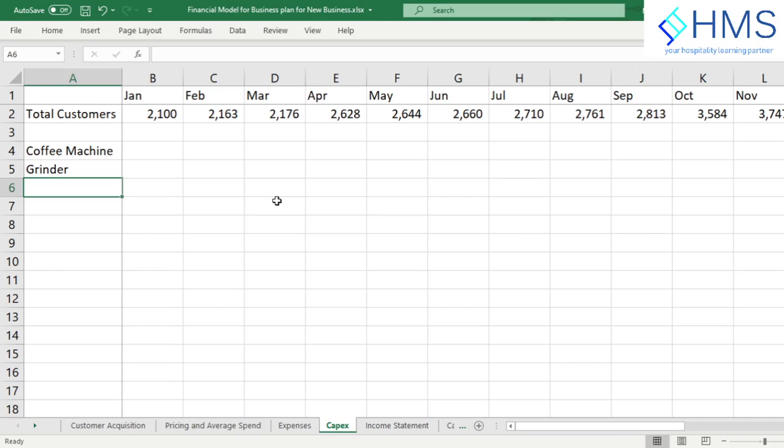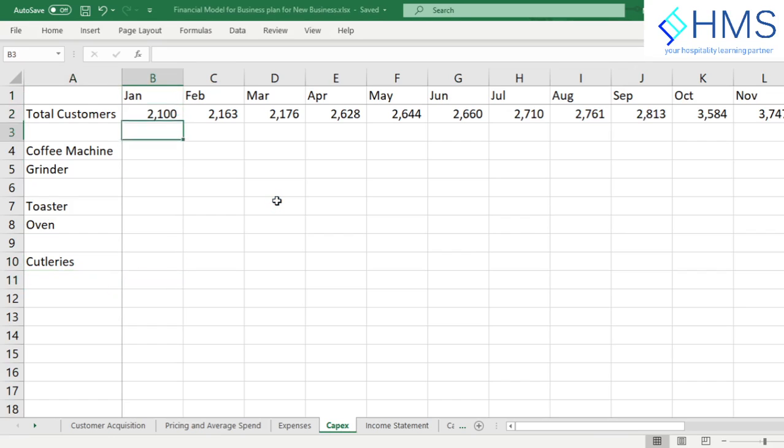There may be a requirement for a grinder, a toaster, a fryer or gas or kitchen equipment, maybe an oven, or you may need other cutlery. So other cutlery may be needed in the business, based on the business.